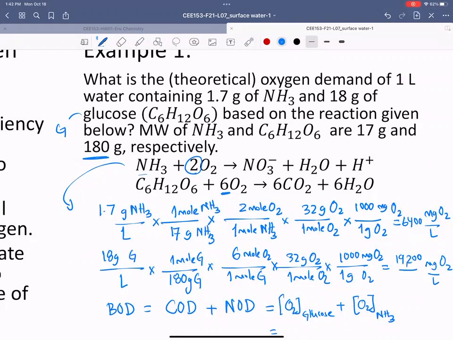Okay, so let's write that one. So that's going to be 19,200 plus 6,400. So that will be 25,600 milligram per liter.